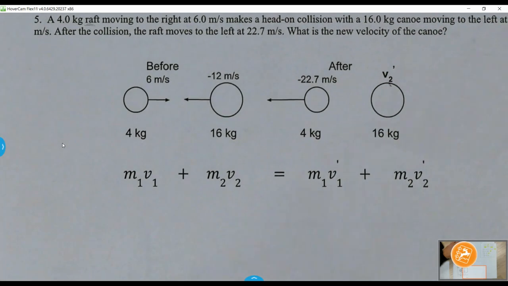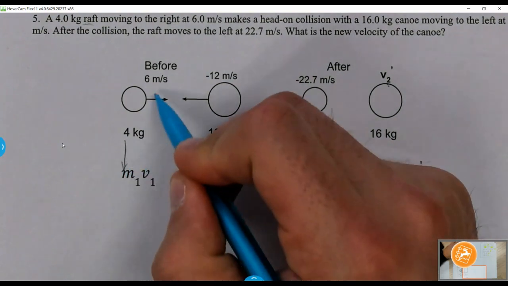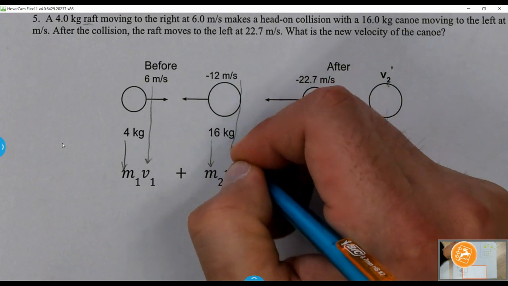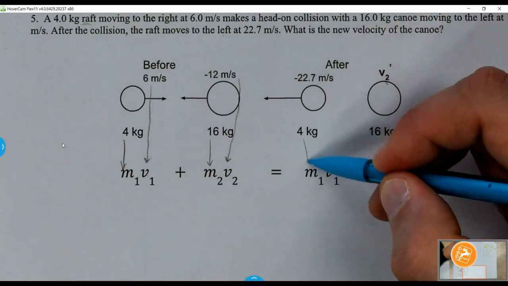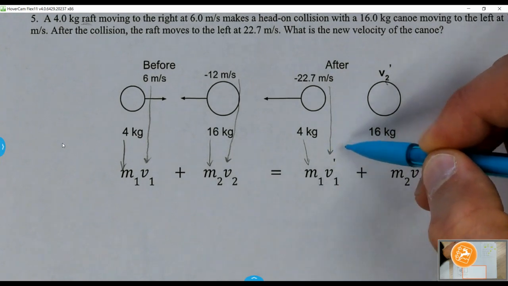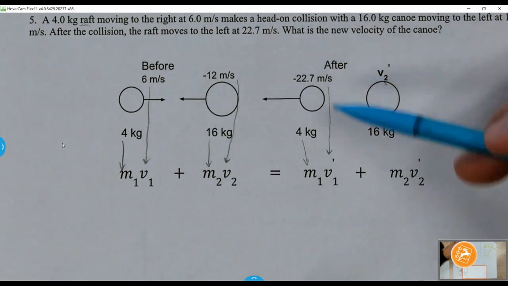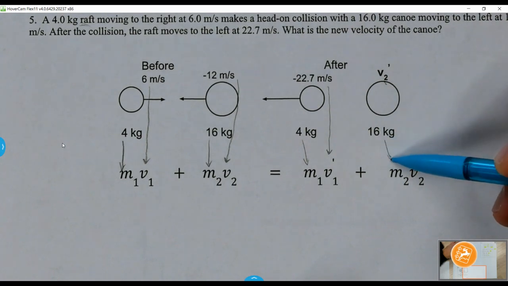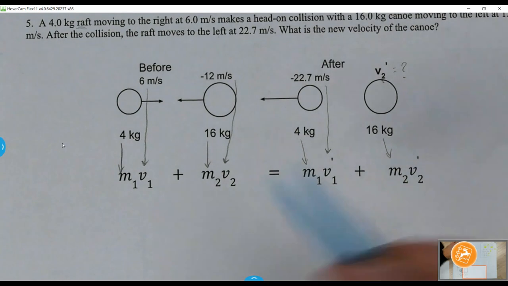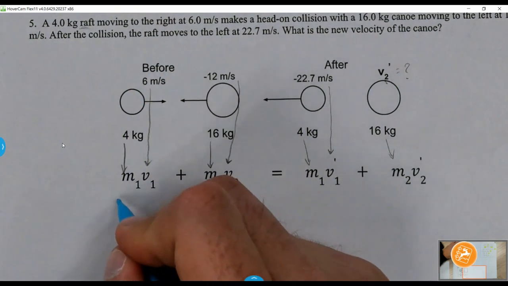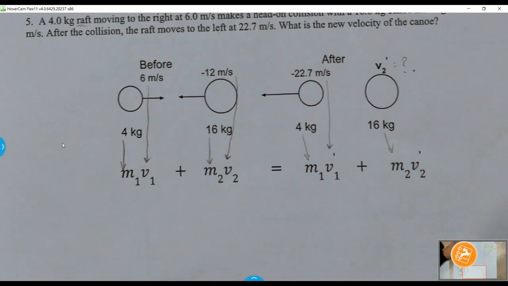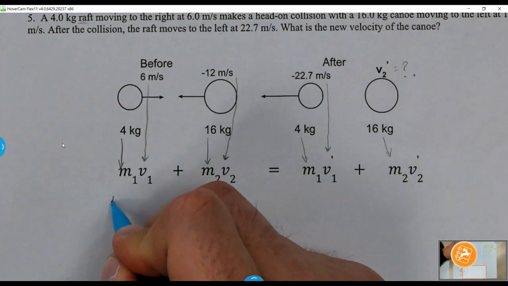So, same thing, guys. M1, V1, M2, this is our V2, our M1. Now this is V1 prime, that little apostrophe. It just means that's the new speed of the other object after the collision. M2, we don't know that one. Now plug in all your numbers right underneath everybody. That's why it's very nice to write the equation out under the diagram, because now we just drop things down.